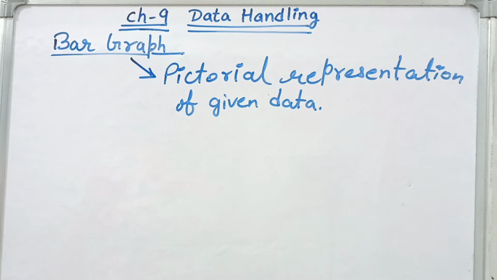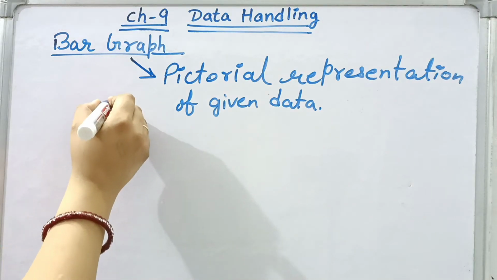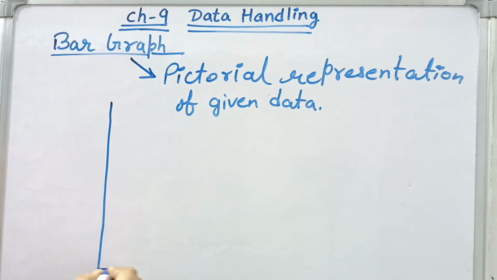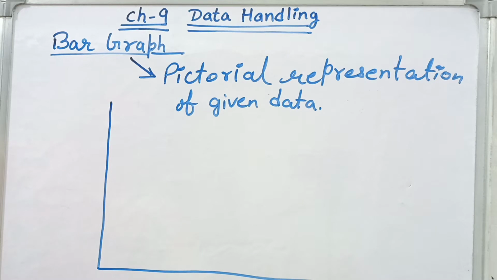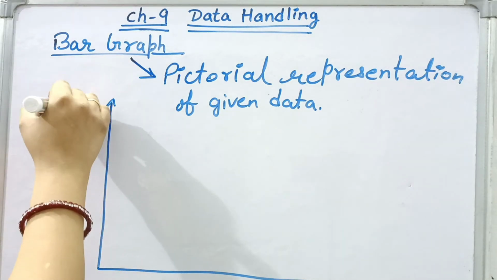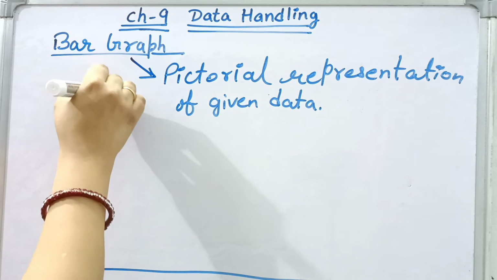We all know that we draw a graph on a graph paper. So when a graph is plotted on a graph paper, there are two lines. One is x-axis, which is the horizontal line. This is known as x-axis, and the vertical line is known as y-axis.